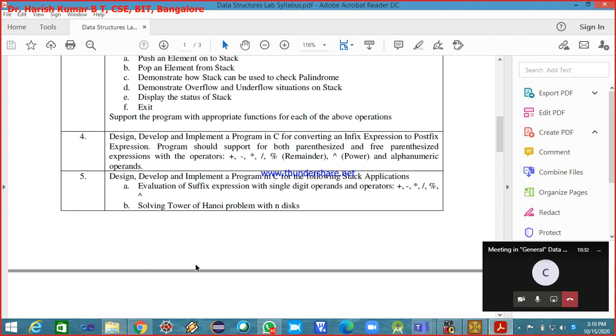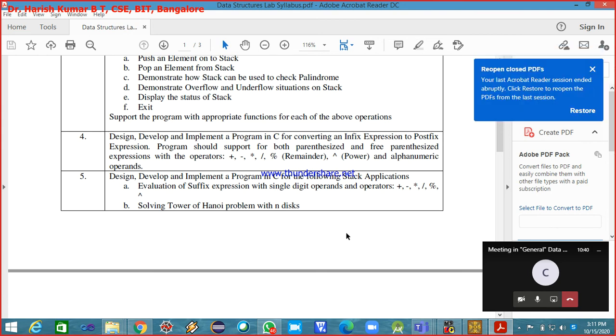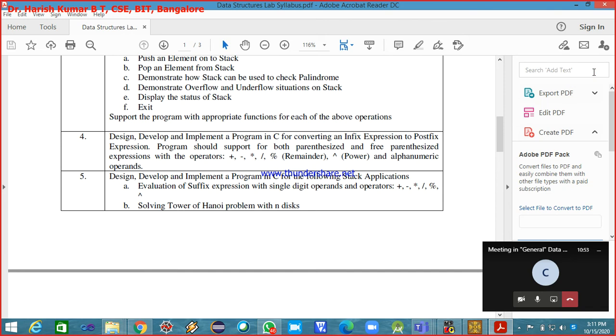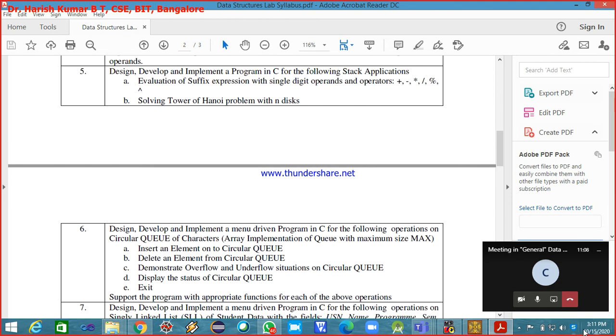Just copy this 5A. 5B we will copy later, not this class, next lab. Done, sir. Okay.